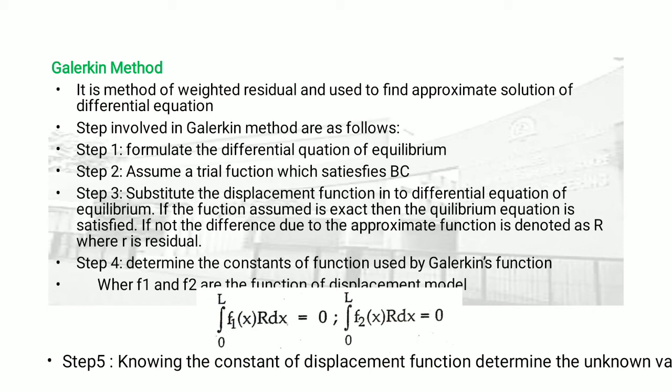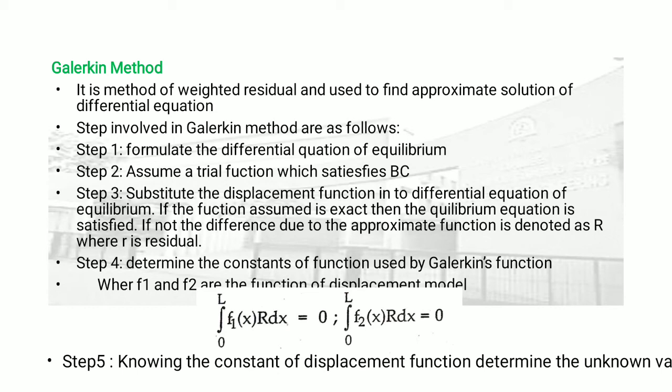The Galerkin method is a method of weighted residuals used to find the approximate solution of a differential equation. How do we implement the Galerkin method for a particular problem? First step, formulate the differential equation of equilibrium. Then assume a trial function which satisfies the boundary conditions.